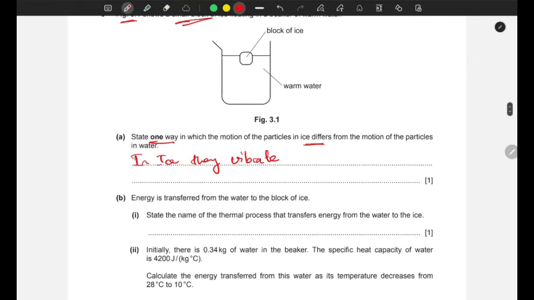And since they're very packed and very close to each other, the molecules can't move freely, they only vibrate. But in water, the particles move freely throughout the liquid.